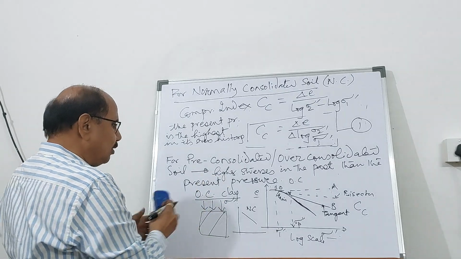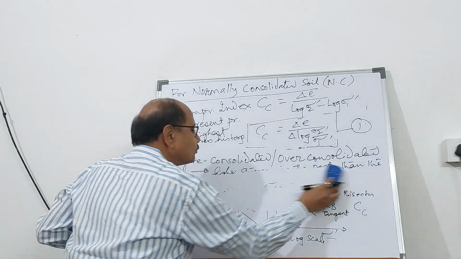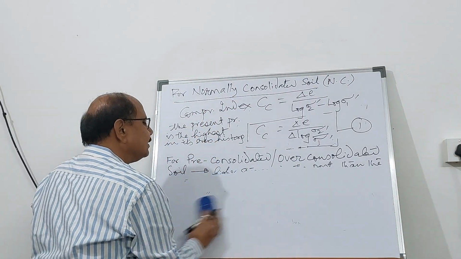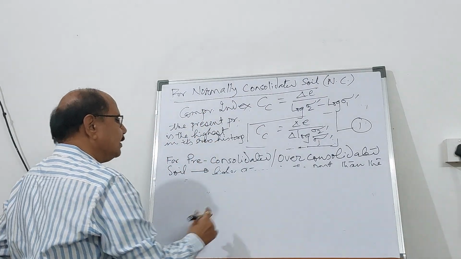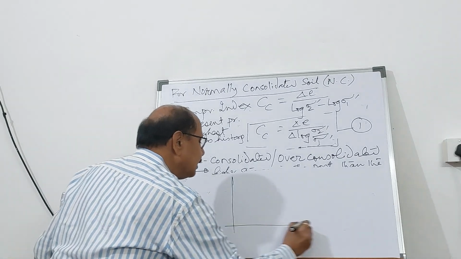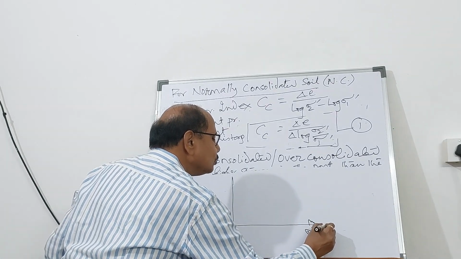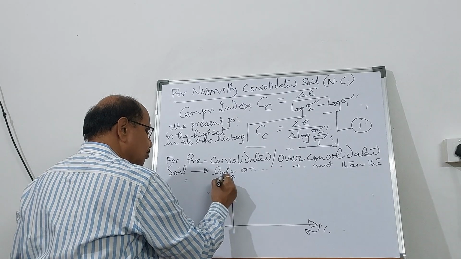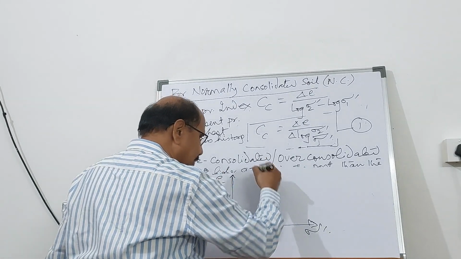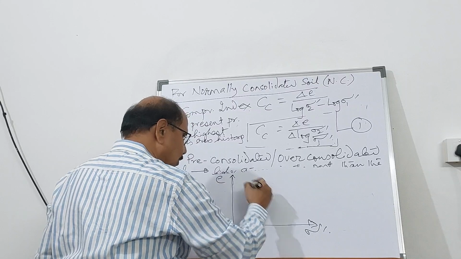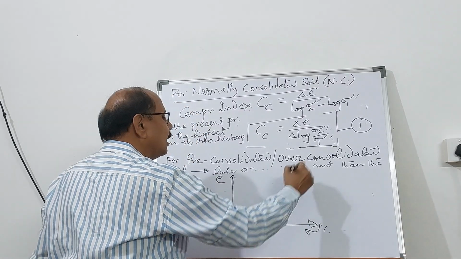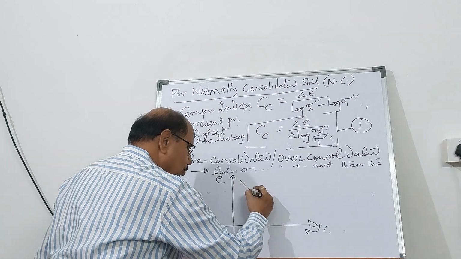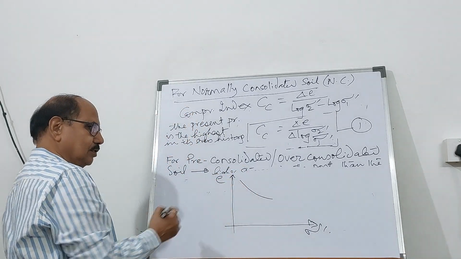Now, if it is over consolidated soil, you can see that if you plot it here, let's say you are having sigma prime, and here it is void ratio, and the sample is subjected to additional effective pressure, then it is going to decrease like this, isn't it?